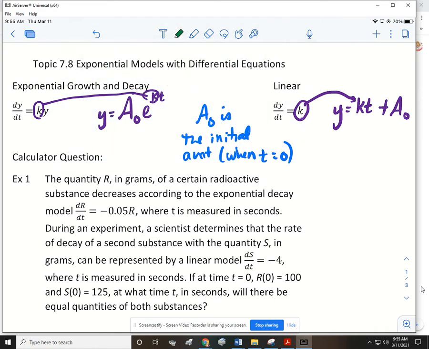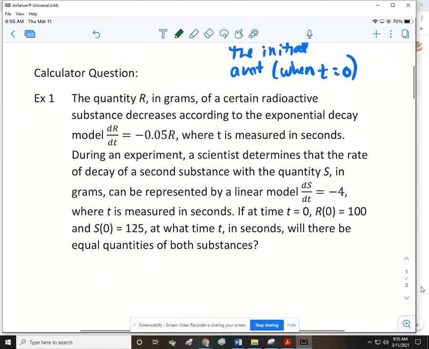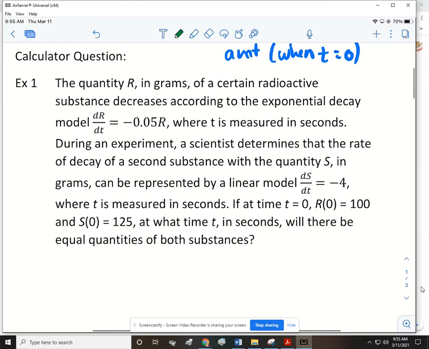Okay, so this first question is a calculator question. We have that the quantity R in grams of a certain radioactive substance decreases according to the exponential decay model dR/dt equals negative 0.05 R, where t is measured in seconds.